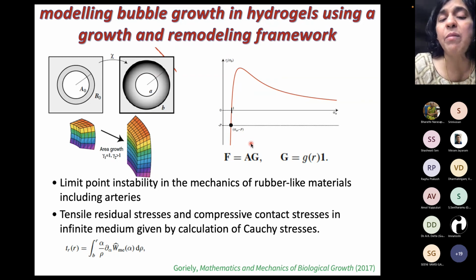We know for all rubbery materials there is a limit point instability. So the question is, how will this limit point instability be different in both these control and NGO gels, which is something that we want to estimate with the model.